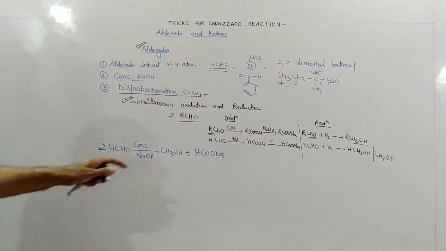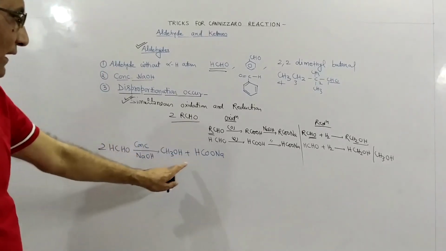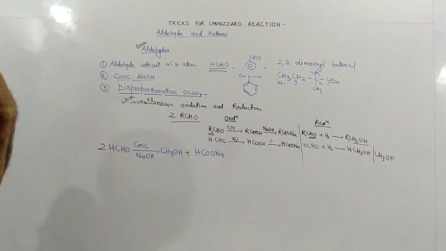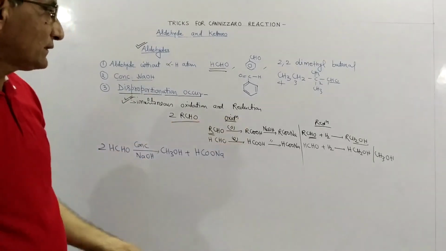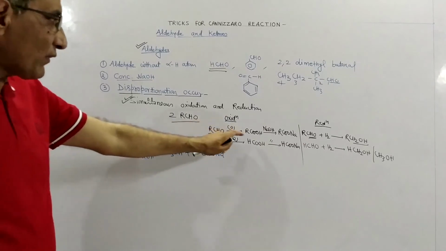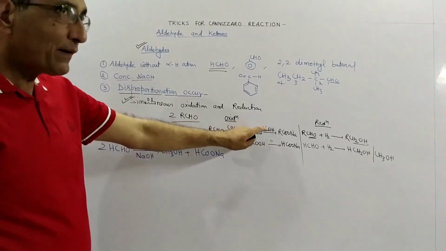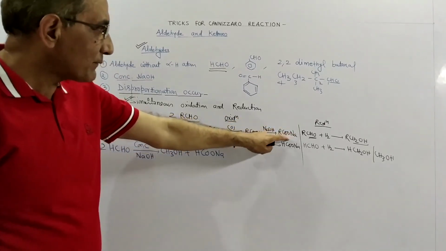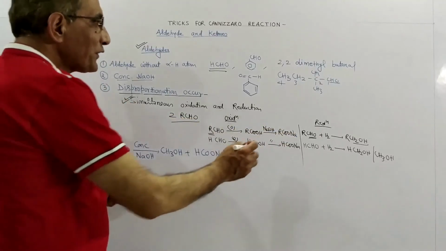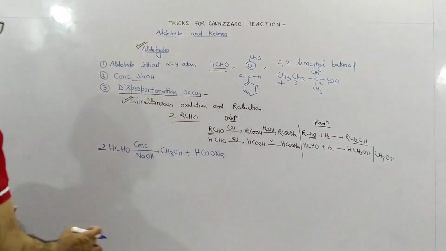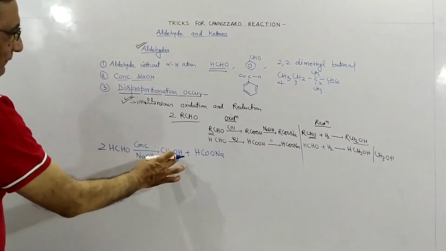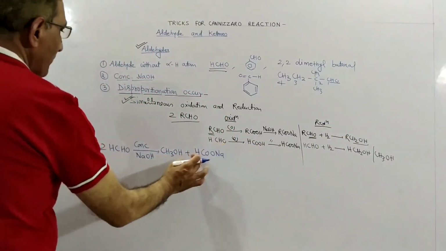With this trick, you can easily understand how these products are forming, because one molecule of aldehyde undergoes oxidation. Upon oxidation, it will form an acid, and in the presence of concentrated alkali, it will convert into a sodium salt. Similarly, the second molecule of aldehyde will undergo reduction and you will get an alcohol. So for formaldehyde, we will get methyl alcohol and sodium formate.